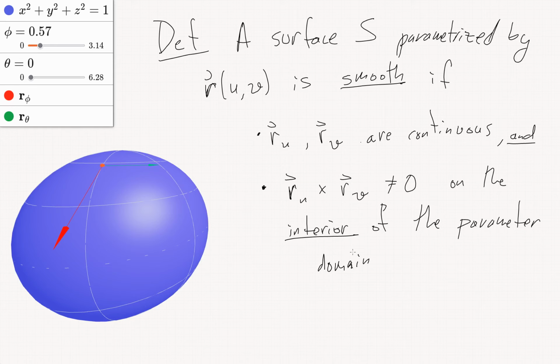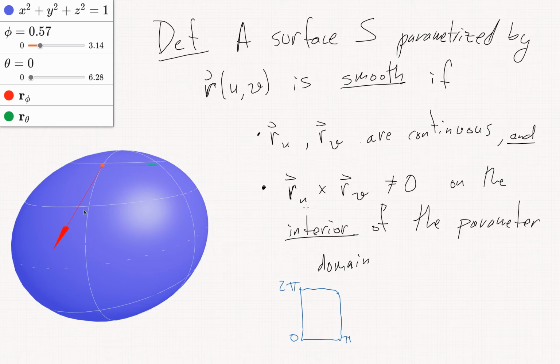Like we just saw, in our case, R sub u cross R sub v can be 0 on the boundary, when phi is equal to 0. Our parameter domain is a rectangle, from 0 to pi in the phi direction, and from 0 to 2 pi in the theta direction.